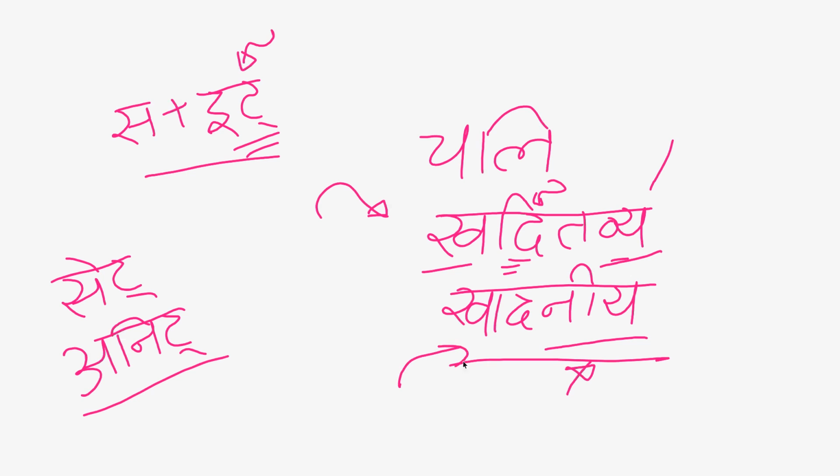Whereas in this example, when we add Aneeyar, khad is a set dhatu, but Aneeyar is not a set pratyaya. To get the e sound in between, both the dhatu and the pratyaya should support it. If either one of them is anit or does not support having that e sound in between, then e doesn't come. Both should be set.